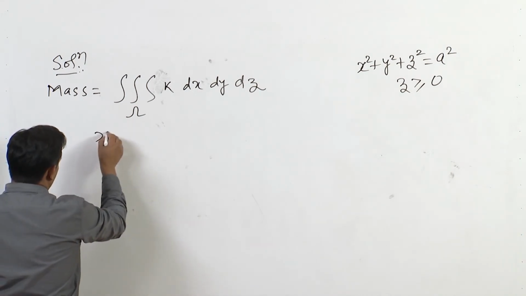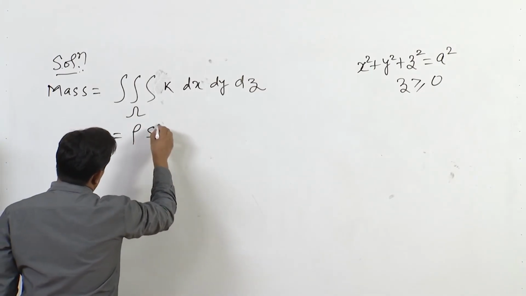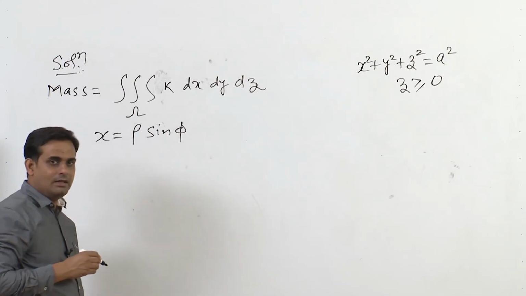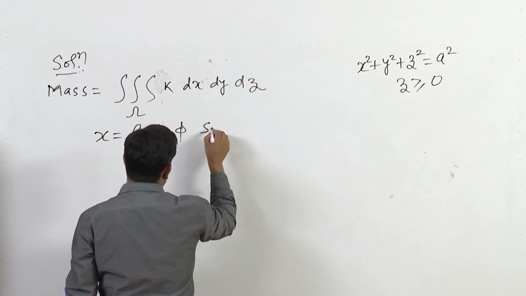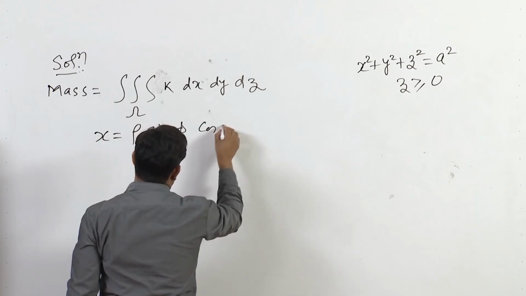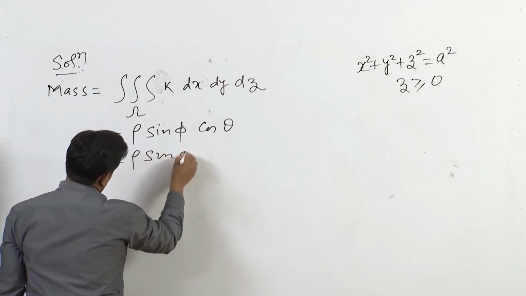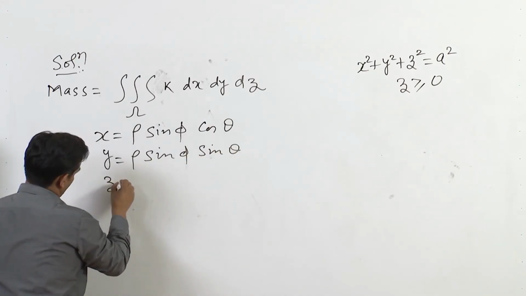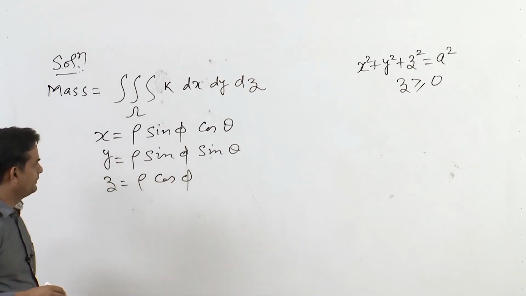So, spherical coordinates will be x equals rho sin phi, and then z equals rho cos phi.